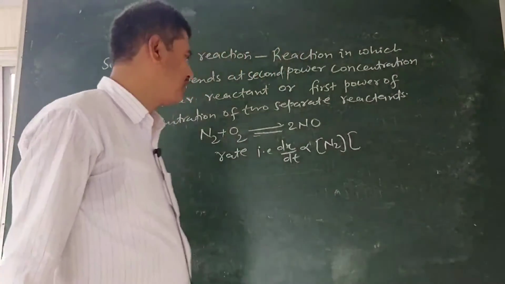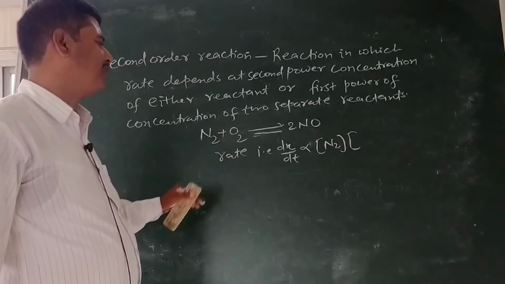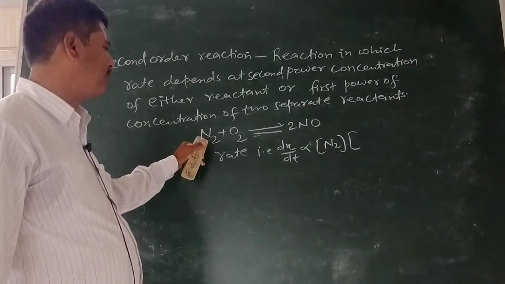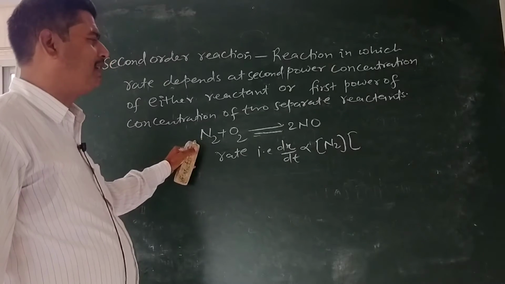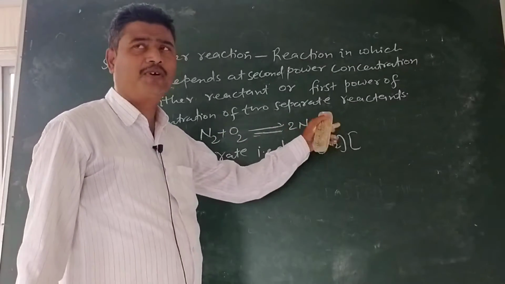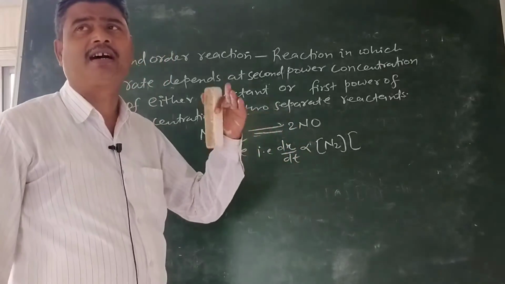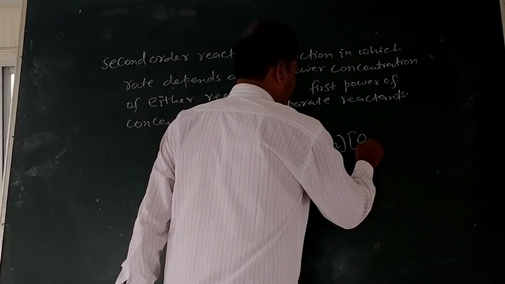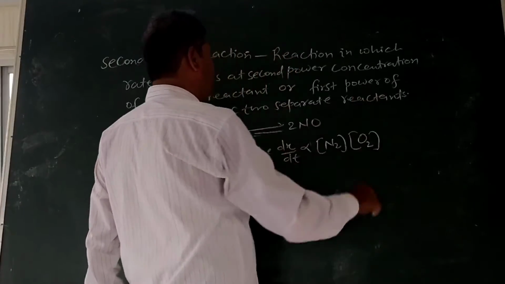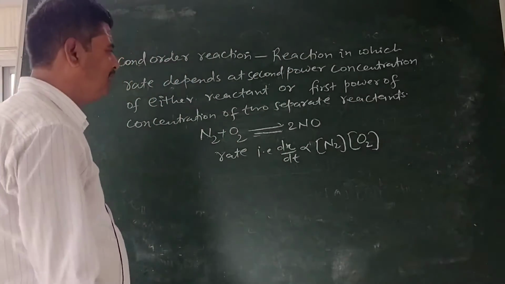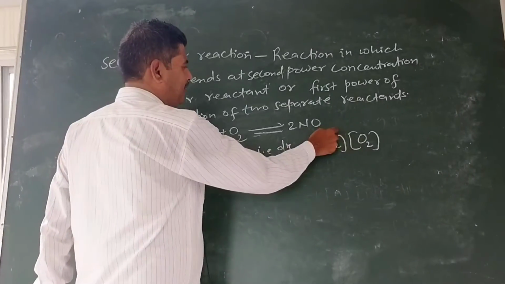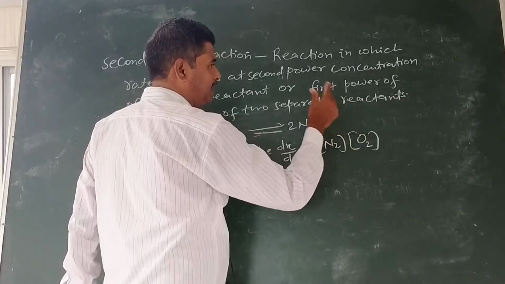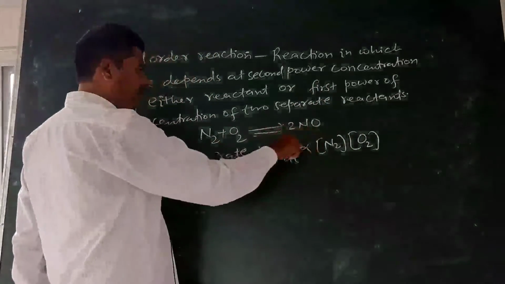So the rate will depend on the active mass or concentration of nitrogen. Here 1 mole of nitrogen is utilized, hence the power will be 1. 1 is not written. As well as the first power of oxygen. The first power of nitrogen and the first power of oxygen. On summation we will get 2. The order will be equal to 2.